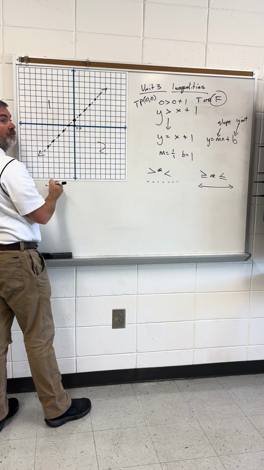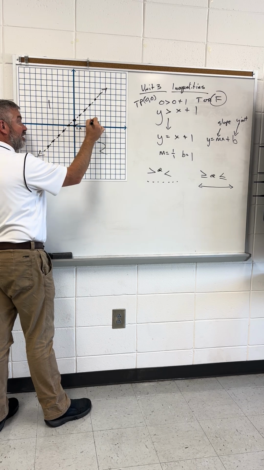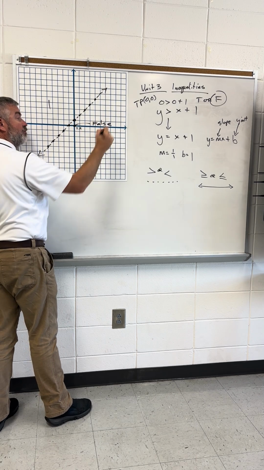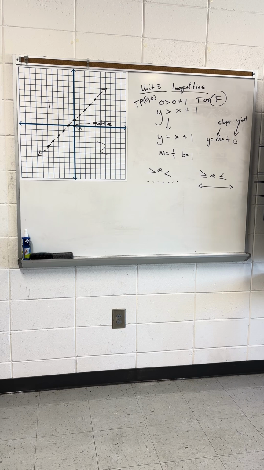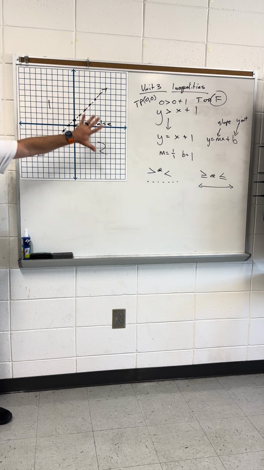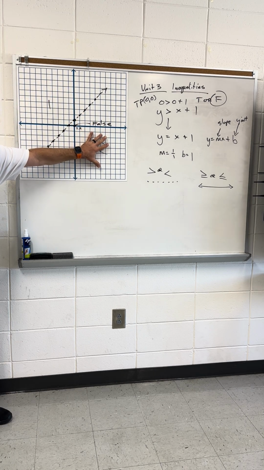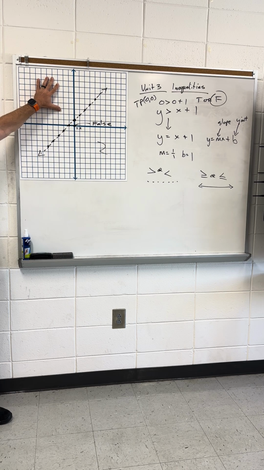It's false. So if my test point is obviously on side 2, and it is false, then which side of the graph do you think I should shade? Side 1 or side 2? I'm going to shade where it's true. I'm going to shade the solution, right?